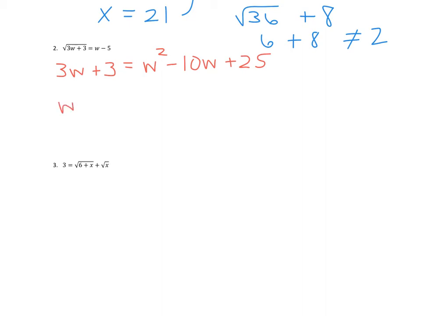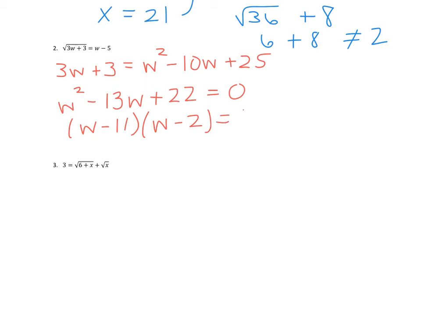You guys subtracted 3w. You guys subtracted 3. And then you factored. Two numbers that multiply to 22 and add up to negative 13 are negative 2 and negative 11. So your potential answers, when you set them equal to 0, are 11 and 2.